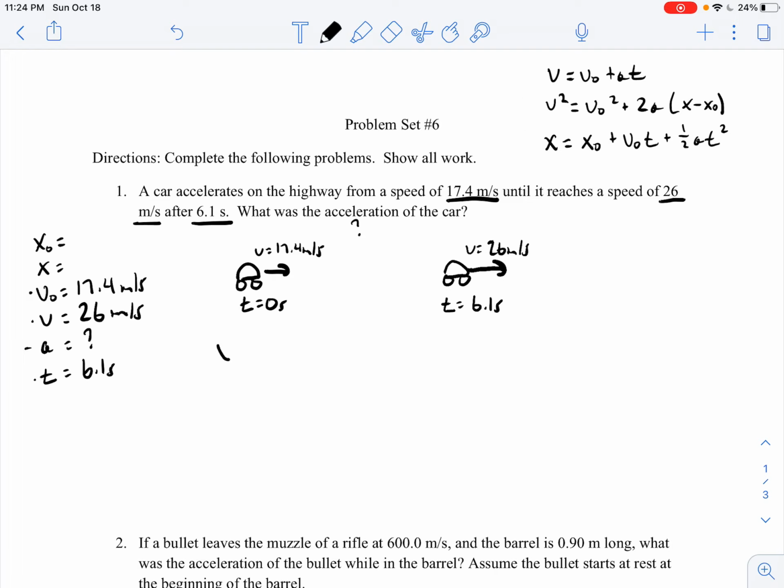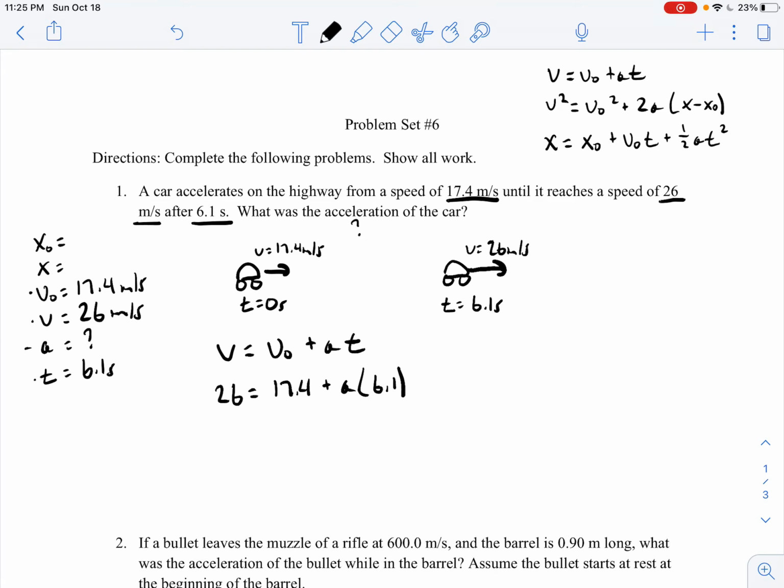So using our first equation of final velocity is equal to initial velocity plus acceleration times time, we can plug in our final velocity is going to be 26. Our initial velocity is going to be 17.4. Then we have our acceleration times our time, 6.1.